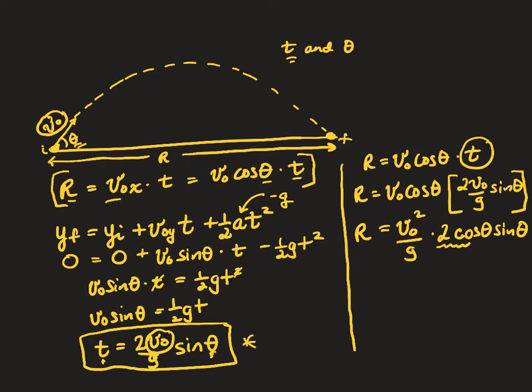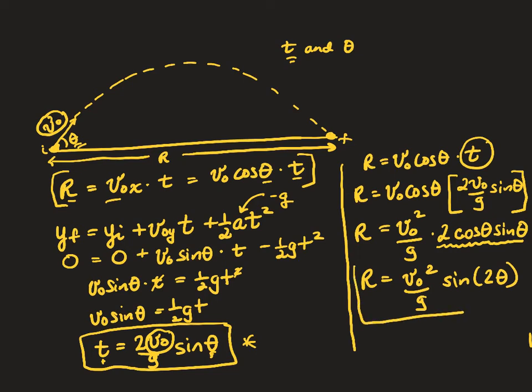Now, you guys, do you remember seeing this trig identity last year? I bet you do, and I bet you were like, when am I ever going to use these trig identities? Well, now's your chance to spontaneously use a trig identity, and you might remember that 2 sine theta cos theta is equal to the sine of 2 theta.